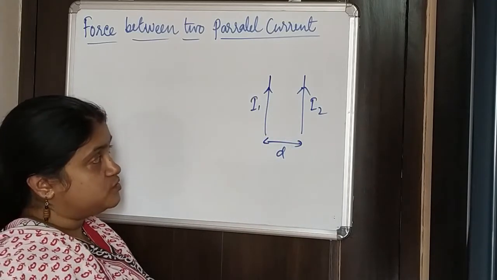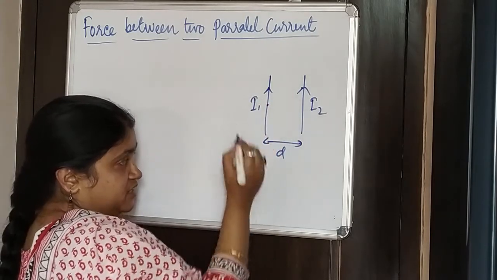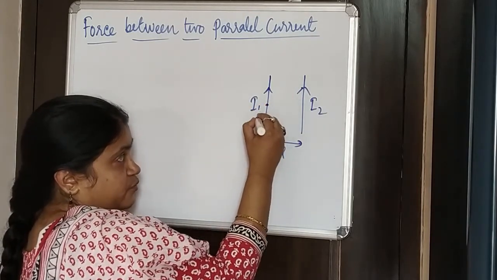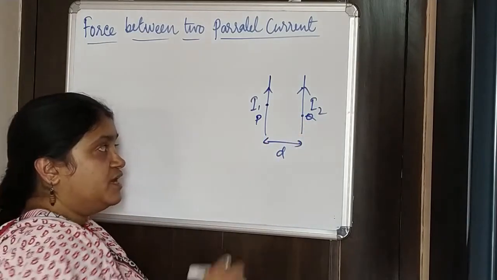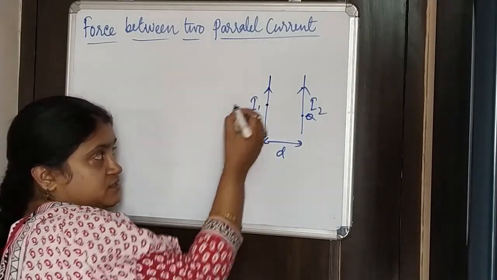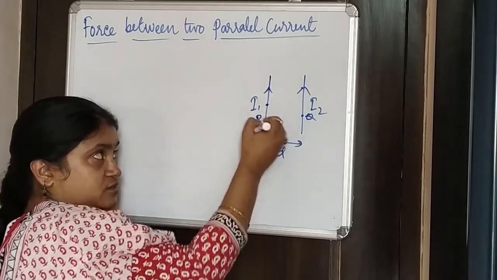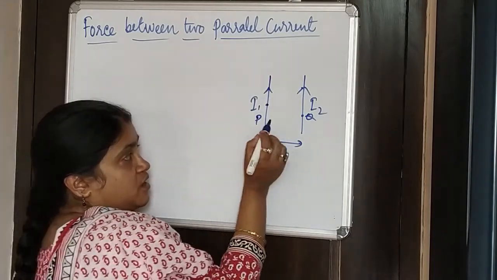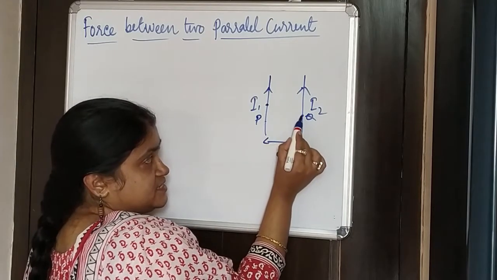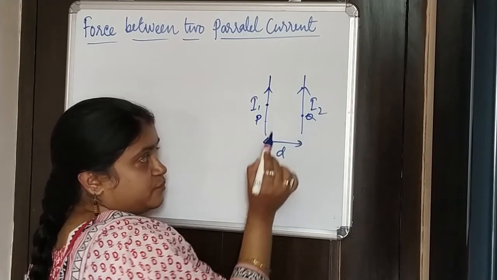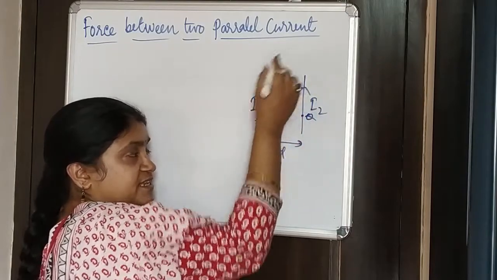Suppose this is a point P and this is a point Q. This wire, due to the current I1, will have a magnetic field at the distance D, at a point Q or any point on this line.